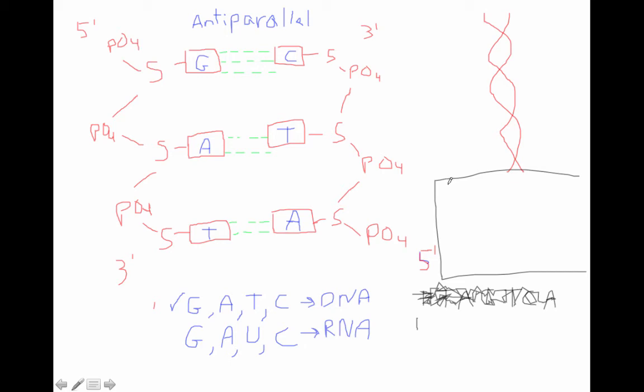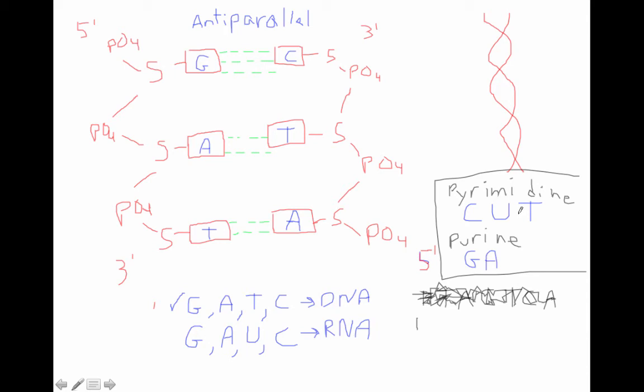So let's go and write the word pyrimidine. And in addition to pyrimidines, we have purines. So we'll write the word purine here. Our pyrimidines are cytosine, uracil, and thymine. Our purines are guanines and adenines.